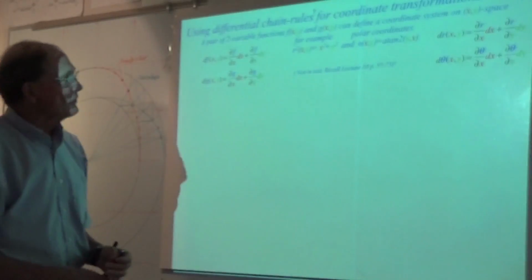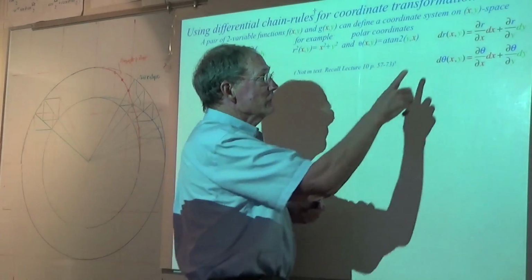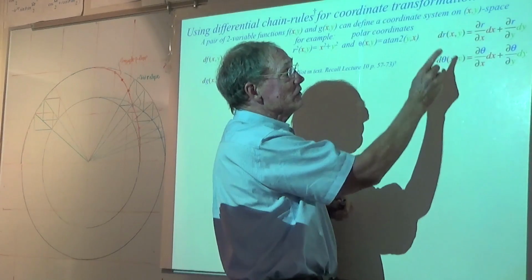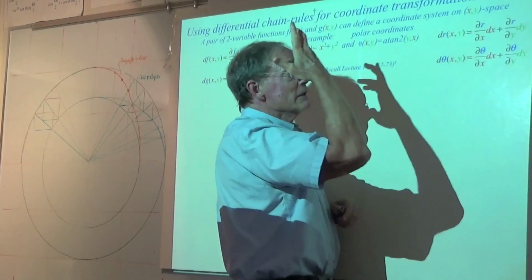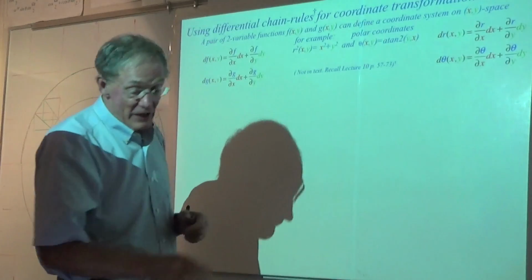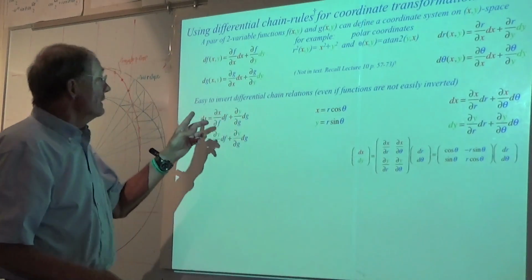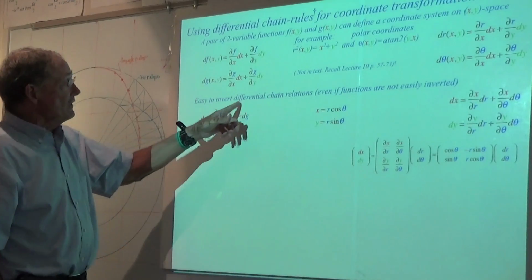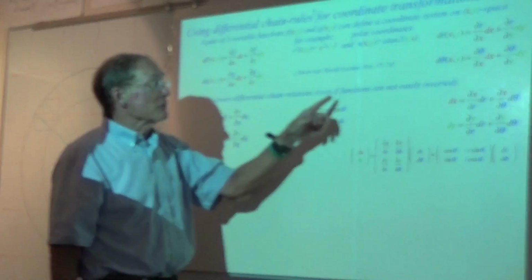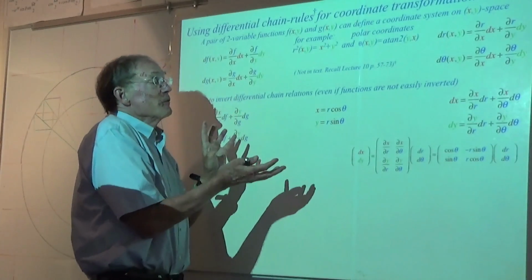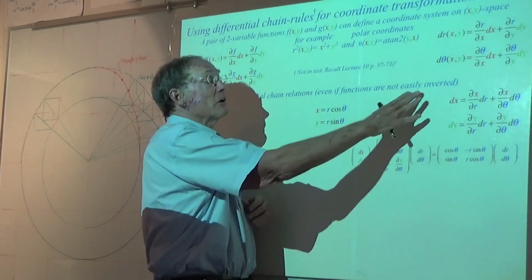And the interest is to see, first of all, how do you deal with the differential of the radius and the polar angle as a function of the differentials of x and y? And then how do you do the reverse of that? That's very important, you see, because it's very easy to invert a differential chain relation, even if the functions were virtually impossible to analytically or conveniently express the inversion.